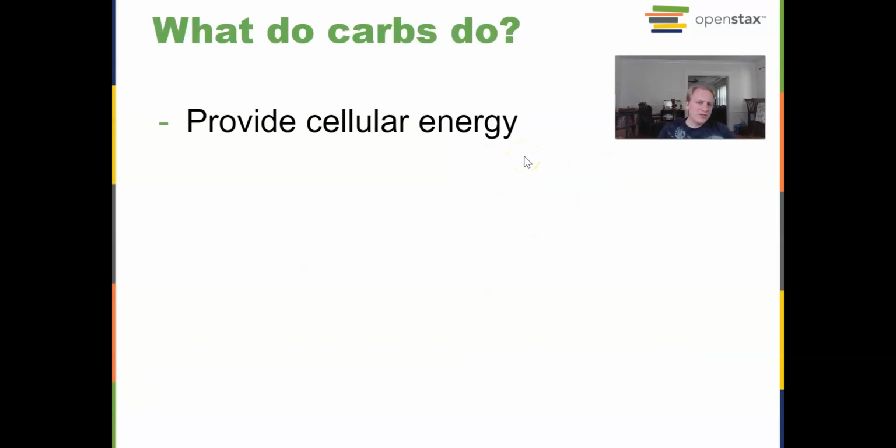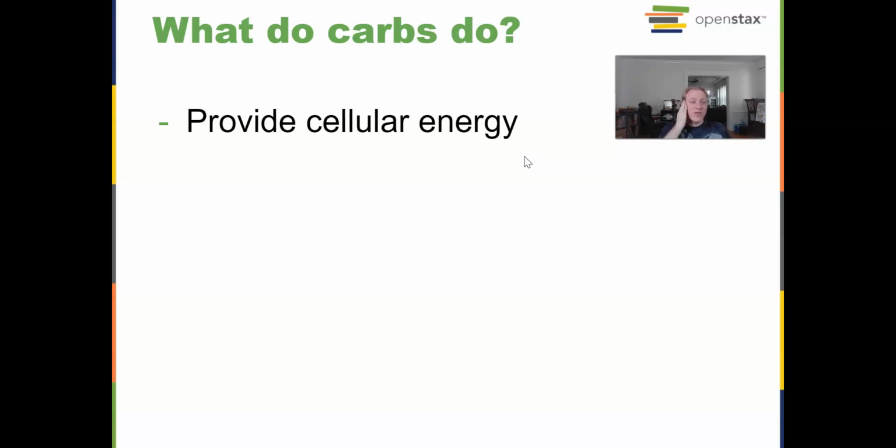So what do carbohydrates do? What do sugars do? Why do we have these sugars? Why would you ever eat a carbohydrate? The reason we would do that is because they provide you with cellular energy. As we're going to learn about in lab, the processes that your body undergoes to create energy are all about breaking down carbs, or they're about turning other things into carbs so that you can break them down.